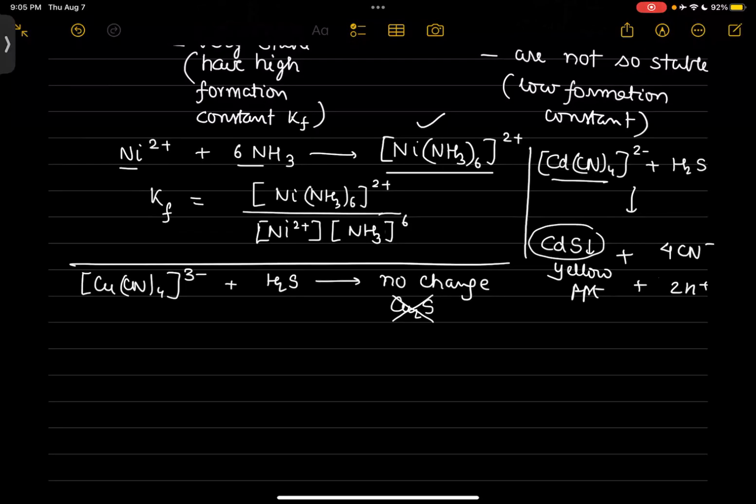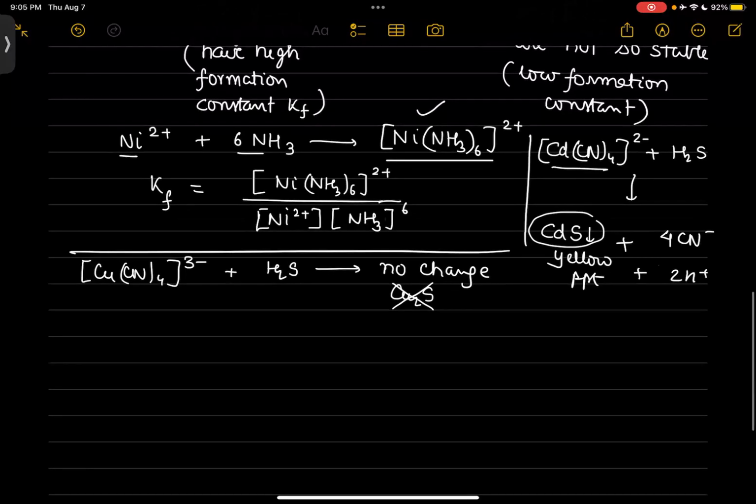So the copper ions won't separate. Yeah, they are actually more tightly bound to the cyanide. They have a high formation constant. That's what it means. It is a perfect complex. Got it? Because they are perfect, perfect means it is highly stable. So the chances of splitting into its constituent ions are very low and you will not be able to separate them, right?